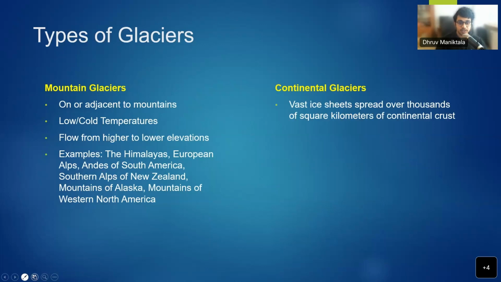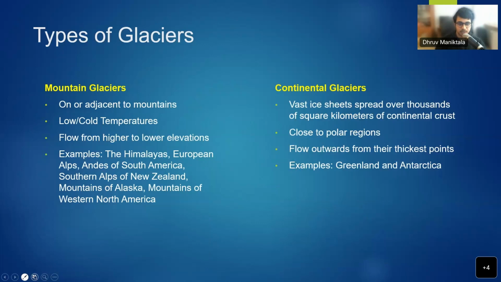And continental glaciers are vast ice sheets spread over thousands of square kilometers of continental crust. They are mostly found in polar regions, and as I mentioned earlier, they flow outwards from their thickest point, unlike the mountain glaciers which slope from higher elevation to lower elevation.